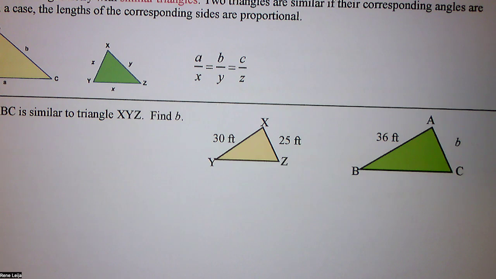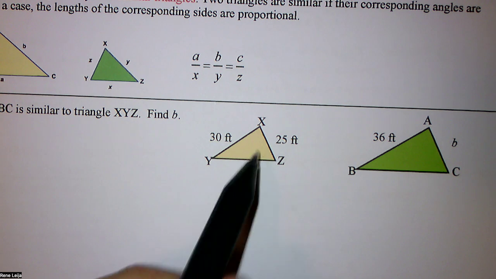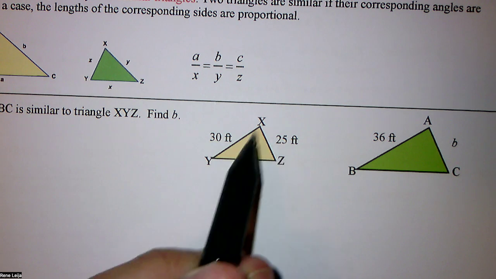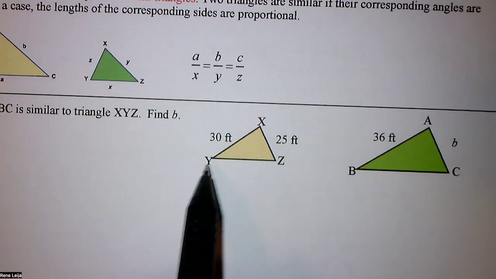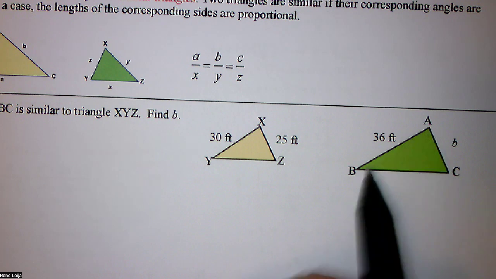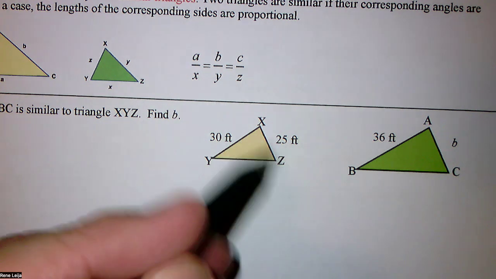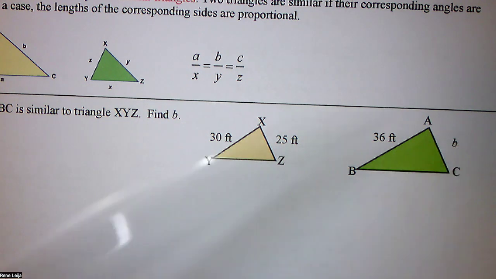So when we look at number 10, triangle ABC is similar to triangle XYZ. We need to find B. Notice that they gave us the same sides. Line AB is 36, XY is 25, and AC is B. Since I have similar triangles, I can compare their sides.